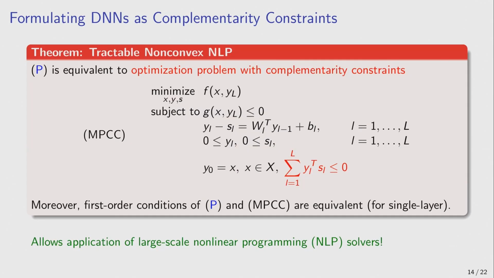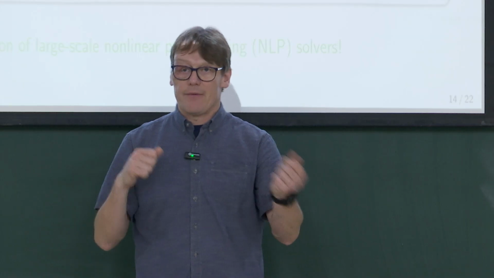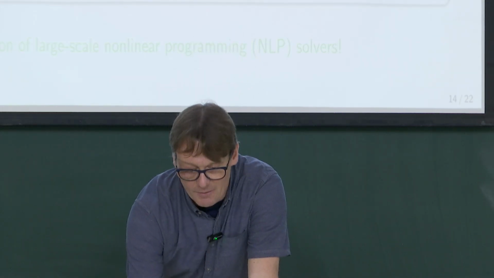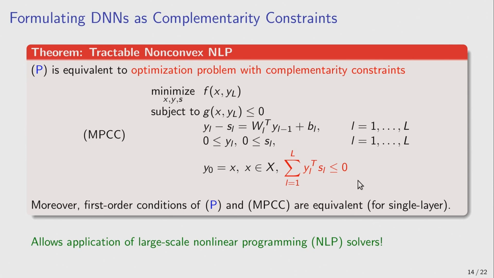Okay, so then I end up with this tractable non-convex nonlinear optimization problem where I have my original objective function and constraints. Then I have the representation of my neural network, and I now model the disjunction that I modeled previously with my binary variable with this complementarity constraint, which ensures that at most only one side of these two inequalities is positive at any given time.